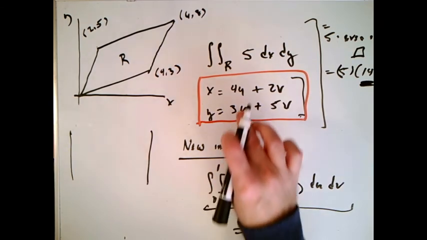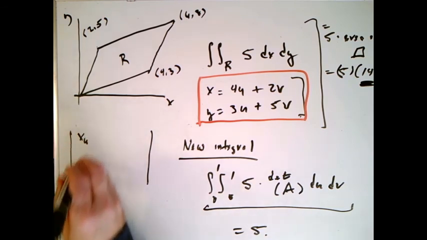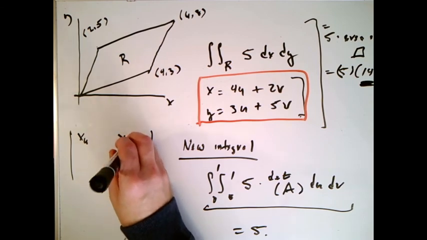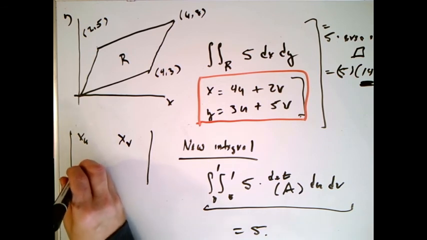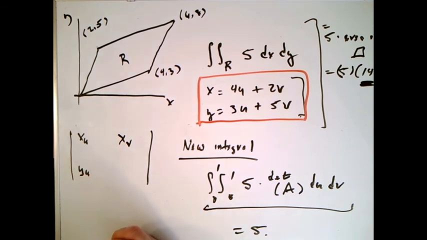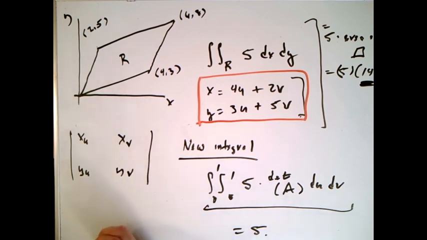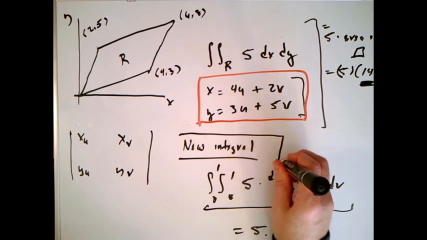For example, the 4 that I want is going to be the partial derivative of x with respect to u. The 2 that I want is going to be the partial derivative of x with respect to v. The 3 that I want is going to be the partial derivative of y with respect to u. The 5 that I want is going to be the partial derivative of y with respect to v. And this is the determinant that needs to go right in here when I substitute.